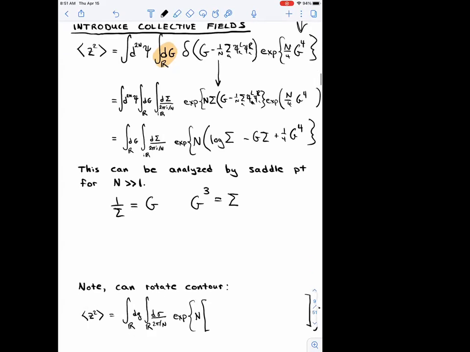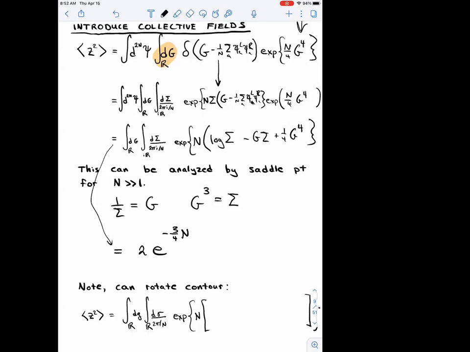And you find that the semi-classical expression for z is like 2 times e to the negative 3/4 n, just by plugging in these solutions and summing over those saddle points. So that's the semi-classical evaluation of this quantity.